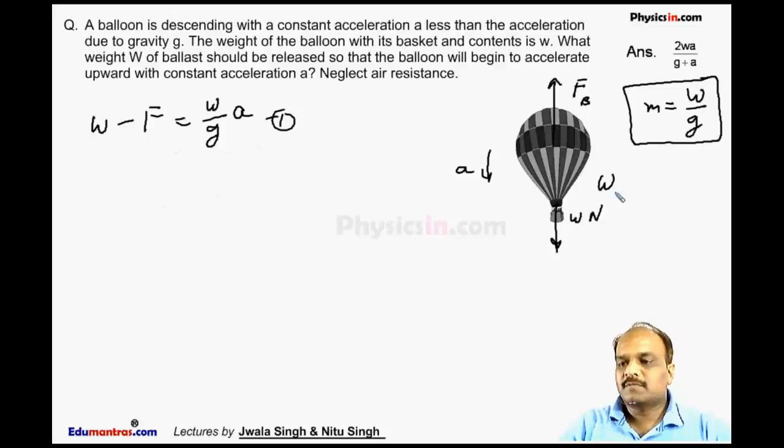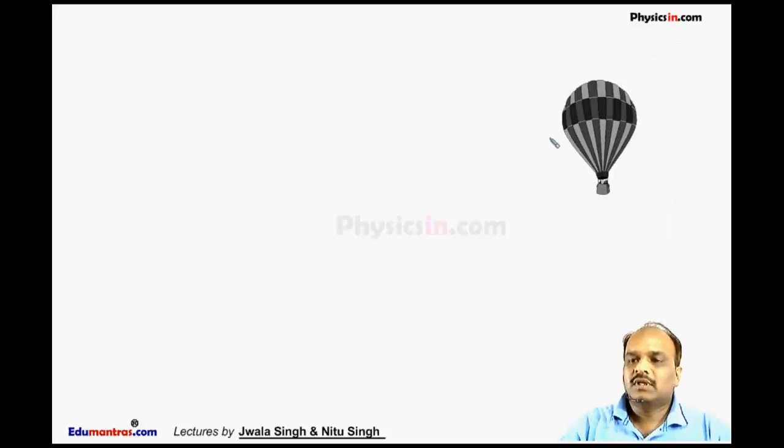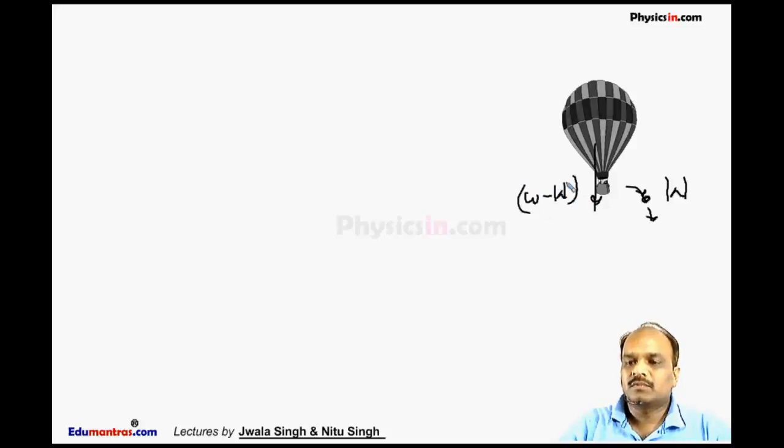Now when the person drops something from this balloon, let the weight dropped be w, which is dropped from this balloon. So the weight of the remaining portion, acting downward, is W minus w, and the upward buoyant force will remain the same.